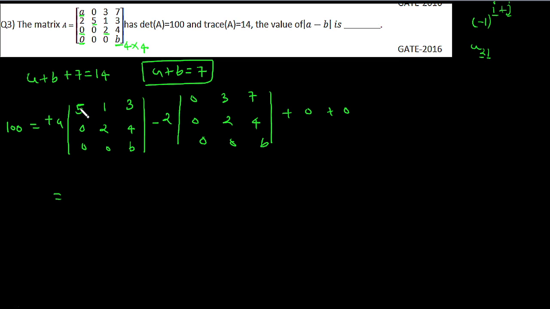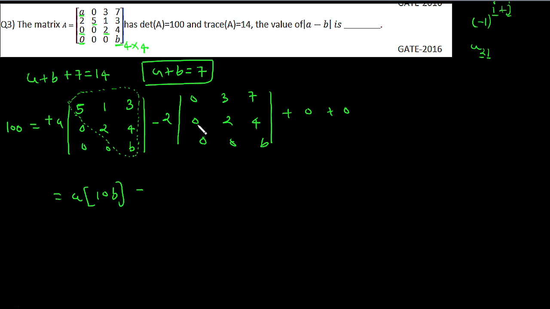Here you can see this matrix is an upper triangular matrix, because all the entries below the diagonal are 0. We know any triangular matrix has a determinant equal to the product of its diagonal elements. So A remains as it is, and we multiply these 3 numbers, so we simply get 10b.